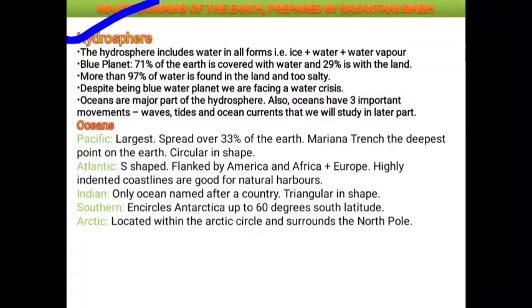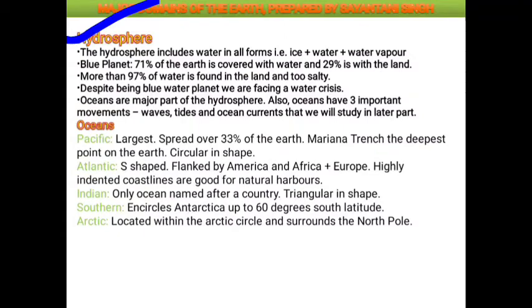There is 71% water on our earth, and only 29% is land. 97% of water is mainly not fit for use, and only 3% is drinking water and fit for use. Despite being the blue water planet, we are also facing a water crisis.